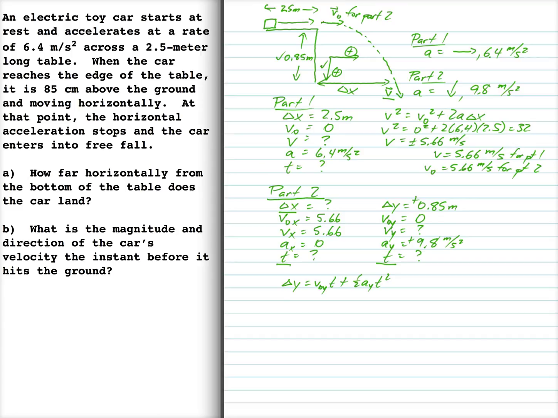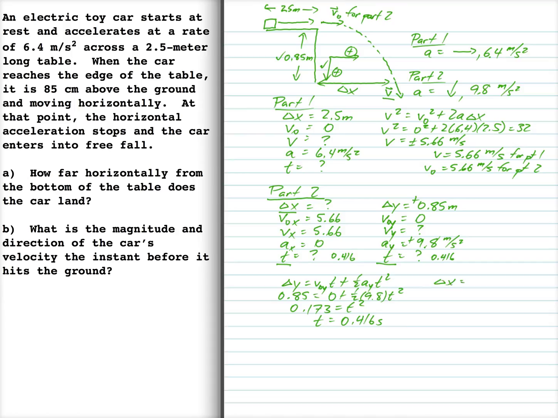That'll let me solve for time. So I get a time of 0.416 seconds. Okay, so now I can put 0.416 seconds here and here. That enables me to solve for the x motion.